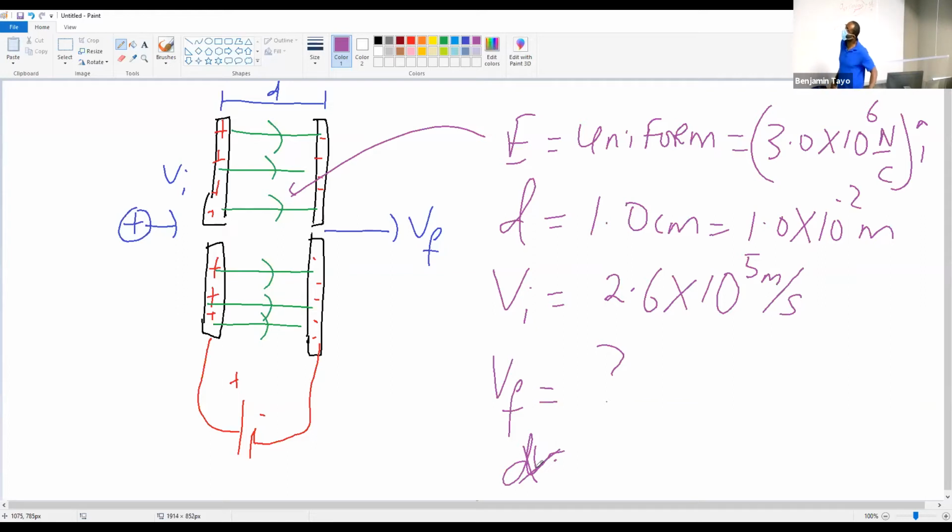So if you look at this problem very well, you have a proton. We know what the charge of a proton is. So let me write it. The charge of the proton is equal to 1.6 times 10 to the negative 19 coulombs.